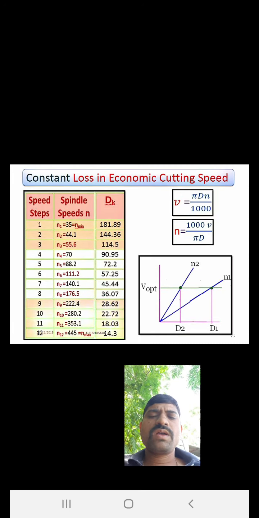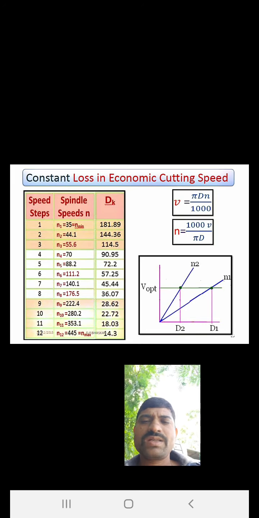If you want the optimum spindle speed, then we should draw one more line here. See, we have seen in the geometric progression the speed steps and spindle speeds. Already we have found the diameter range related to each spindle speed.